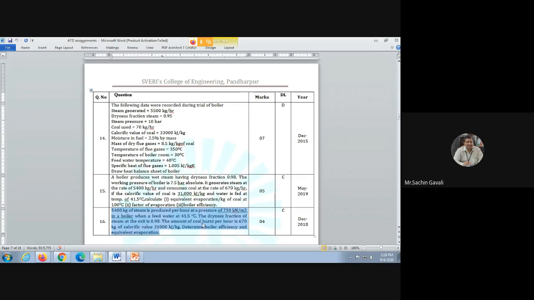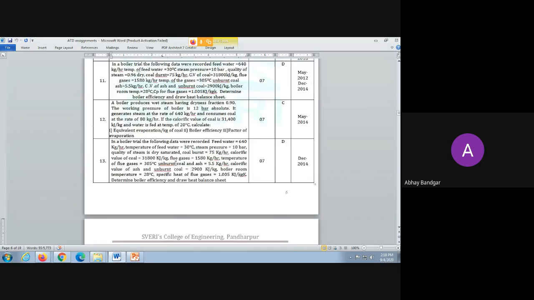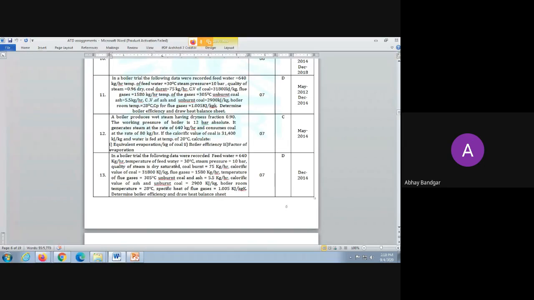Okay. So a boiler producing wet steam having dryness factor, working pressure of boiler is 12 bar absolute.